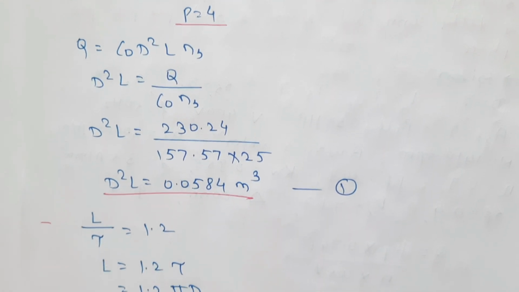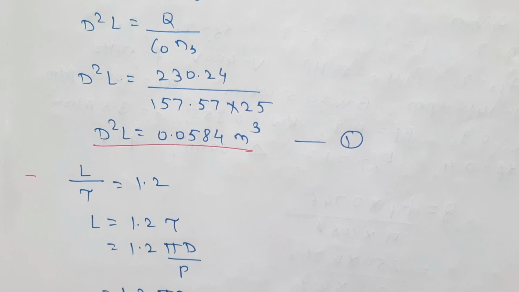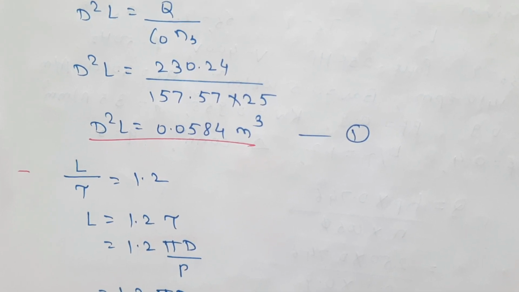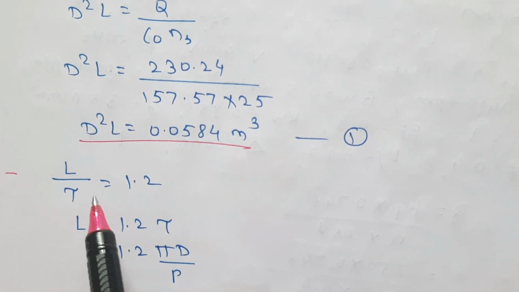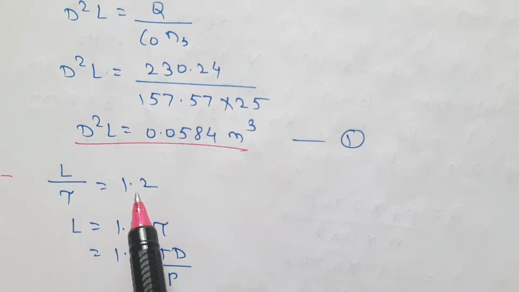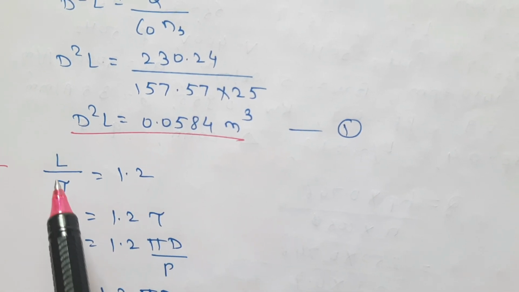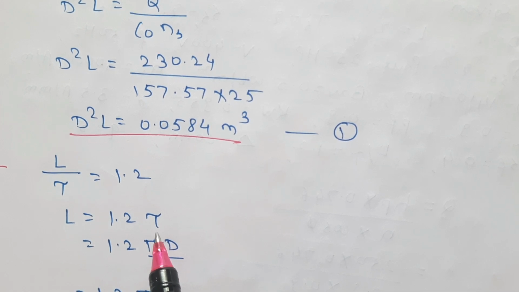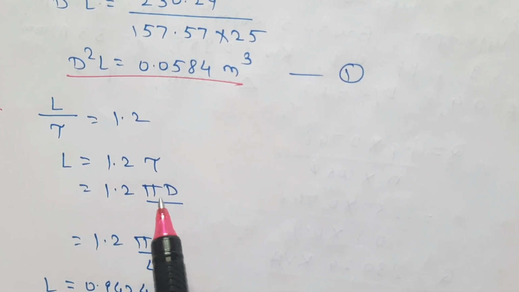Now to separate this diameter and length, we require either the peripheral speed or the ratio of core length to pole pitch. In this problem, the ratio of core length to pole pitch, that is L by tau, is equal to 1.2. The value is given, therefore we use this equation. Therefore, L is equal to 1.2 into tau. The value of tau is pi d by p. L is equal to 1.2 into pi d divided by p.